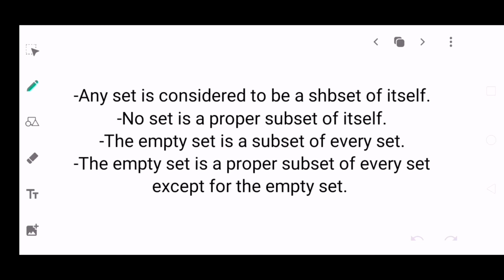The empty set is a subset of every set. And the empty set is a proper subset of every set except for the empty set.